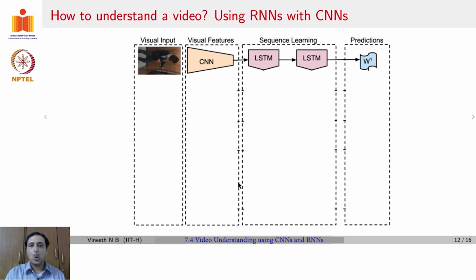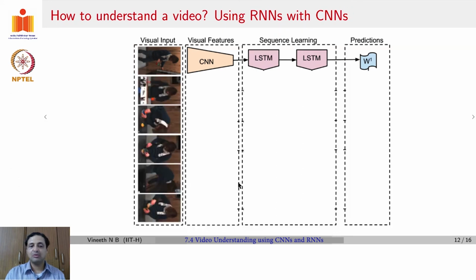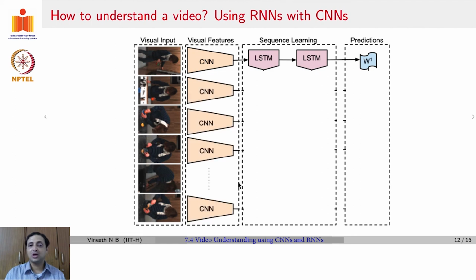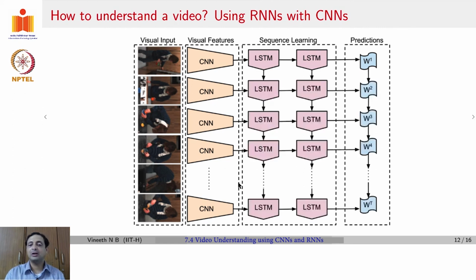So if you had a video where you have multiple frames, then you provide each frame to a corresponding CNN to get different feature representations, and then they can be provided to an LSTM. You could assume now that each column here is your LSTM unfolded over time, and this is a stacked LSTM unfolded over time.